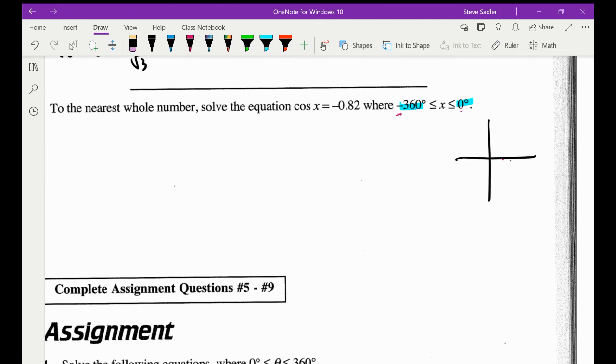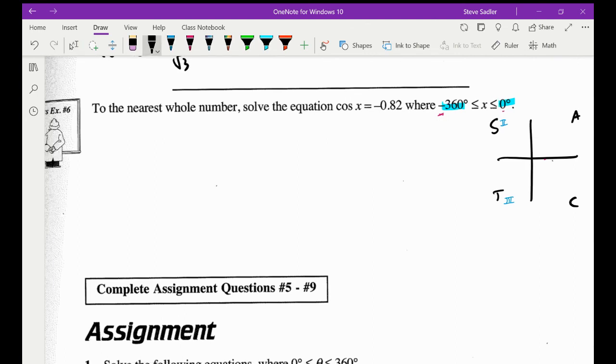But anyways, cos is negative, so we are dealing with negative cos, which means we are going to be in quadrants 2 and 3. So again, we can solve.